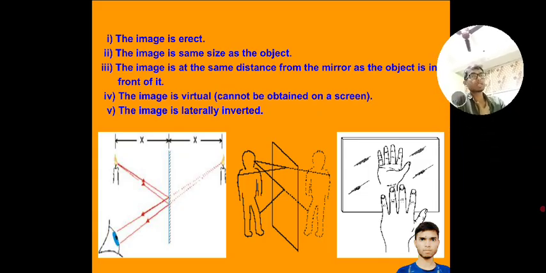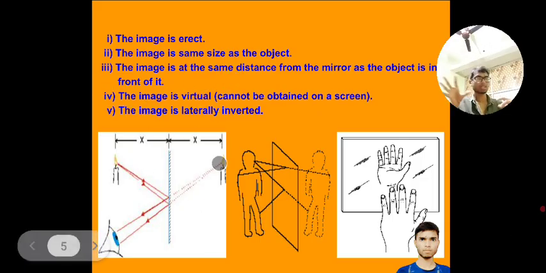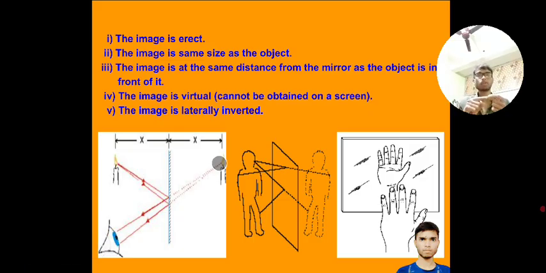And in this, what points can be visualized? The image would be erect, which means as it is, nothing would be changed. One thing is a change point. We will say it, don't worry.